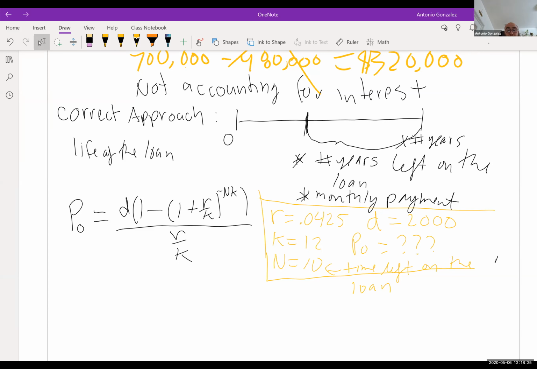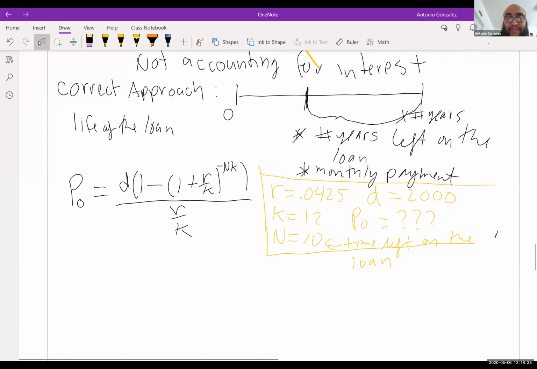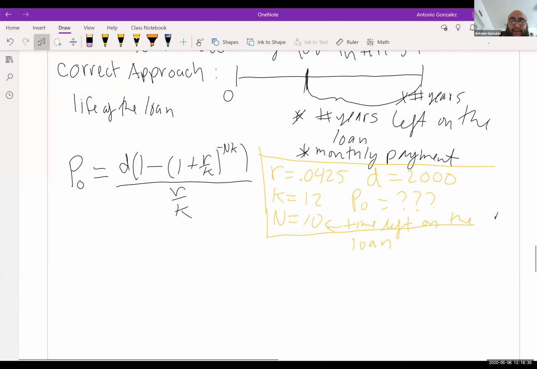Okay, so just keep that in mind. Now I have everything I need to calculate this. We'll start by plugging everything in.